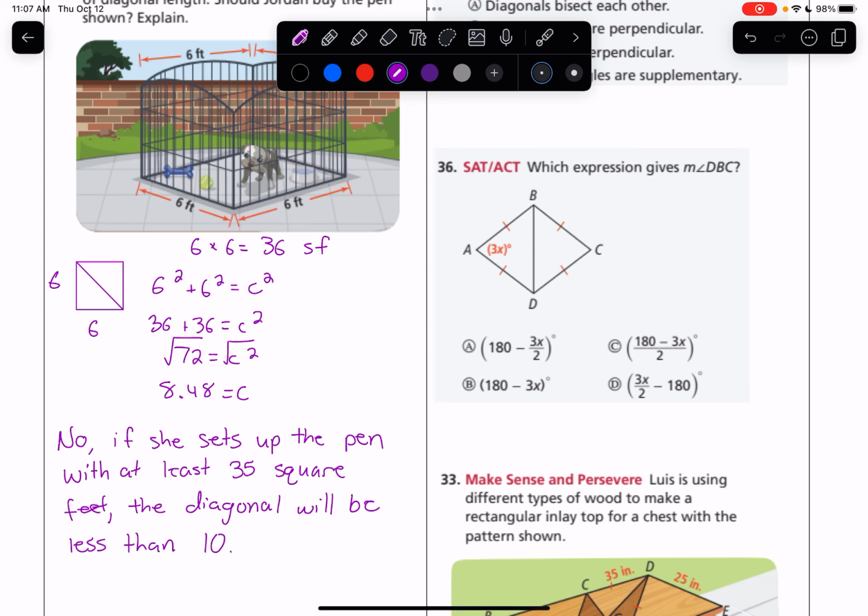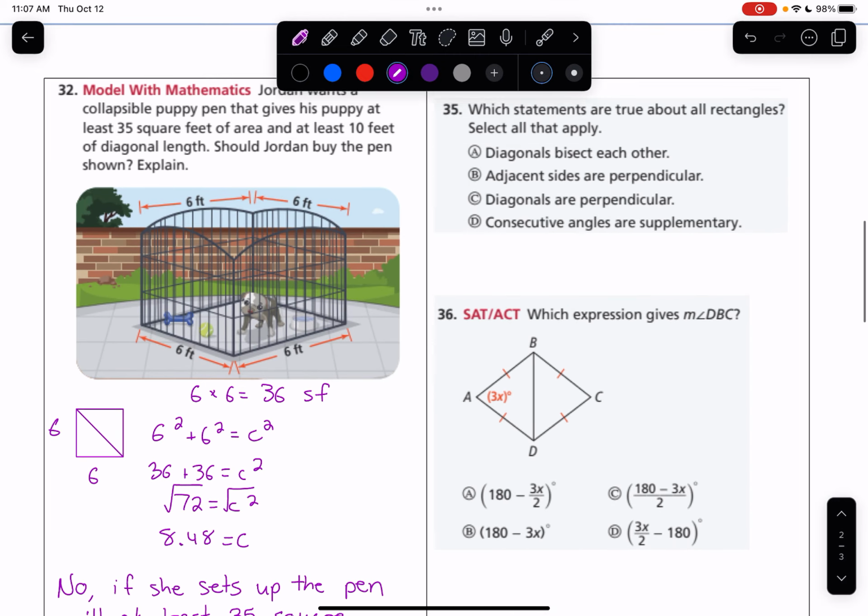And I have to correct this because this looks like it says feet, and that's making me upset. Feet. There we go. Then the diagonal will be less than 10. So it's not a big enough pen for that puppy.